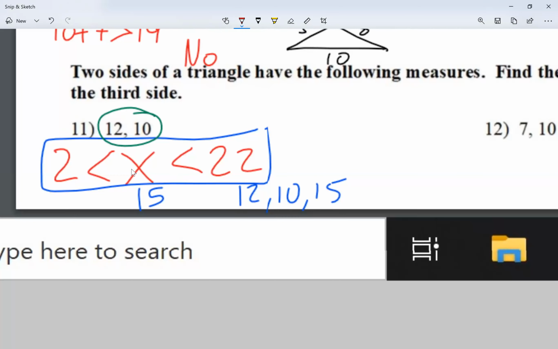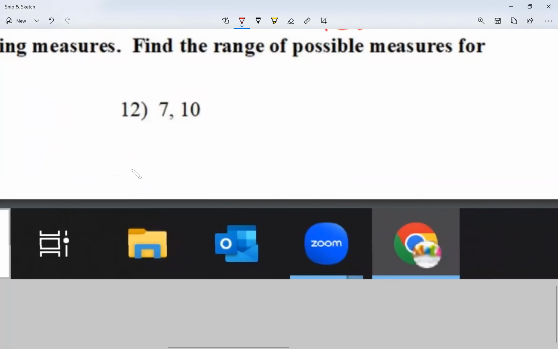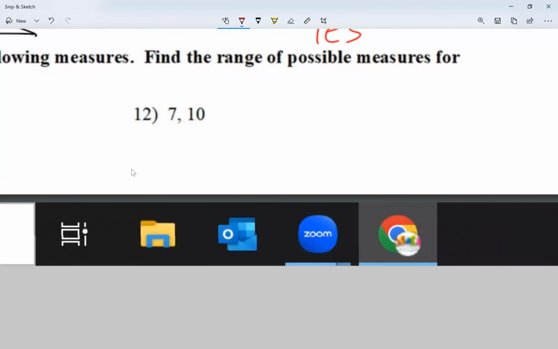Let's take a look at question number 12. So in my homework, I'm going to see that x is in between two numbers. The way I'm going to do this, look at the two numbers given, 7 and 10. Subtract those two numbers. Again, my value has to be positive, so make sure you go big number minus small number. 10 minus 7, I'm going to say 3.